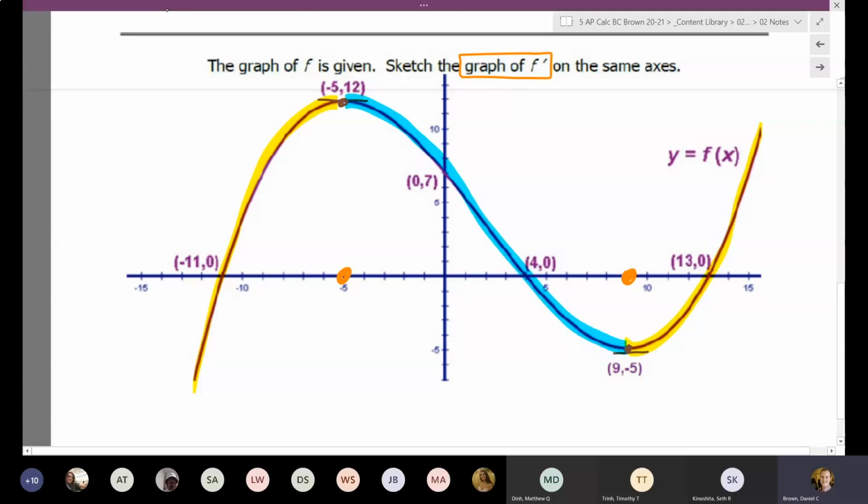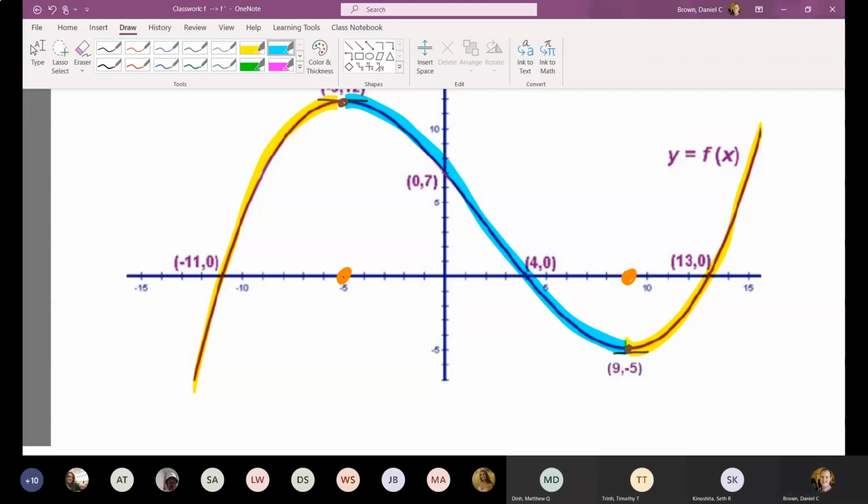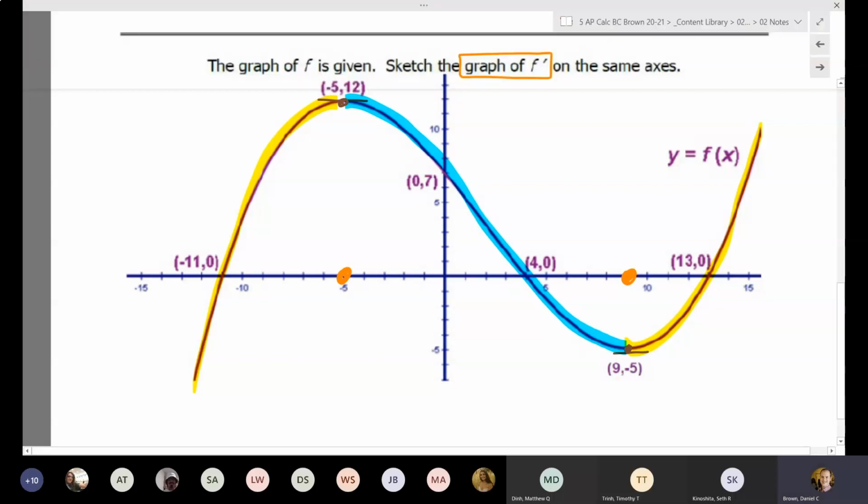So I want us to think about what it means to be increasing and decreasing on f. When f is increasing, what is f prime going to be? Positive. So when f is increasing, f prime exactly would be positive. So if I kind of think about this as little boundary points, and the dotted lines are really just to help you see it.